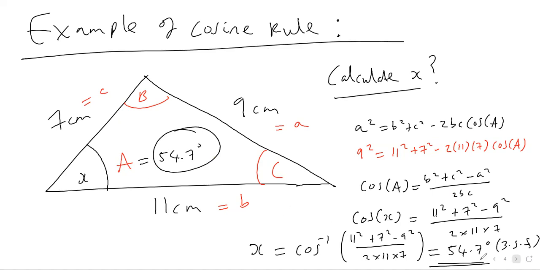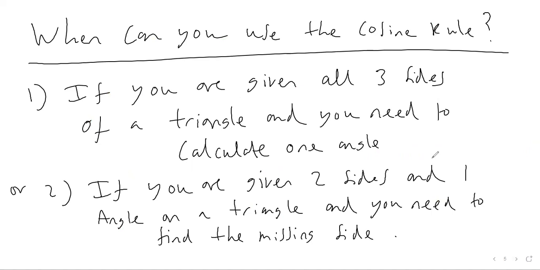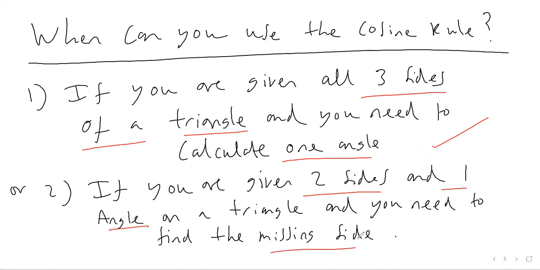So that's just an example of how we can use the cosine rule. So again, the key thing is when we can use the cosine rule. If you are given all three sides of a triangle and you need to calculate one angle, you can use the cosine rule. Or if you are given two sides and one angle on a triangle and you need to find the one remaining missing side, you can use the cosine rule.